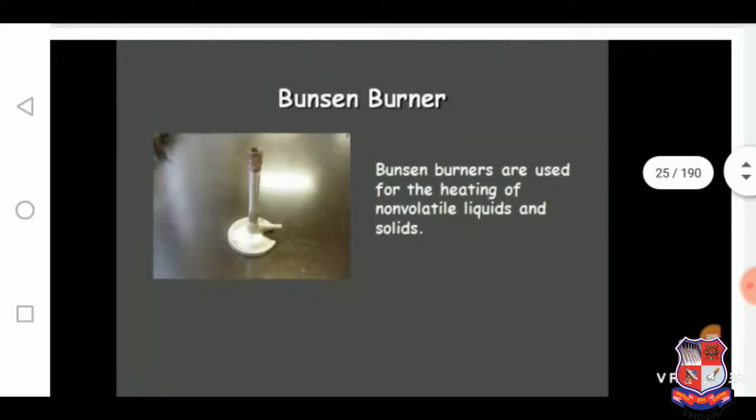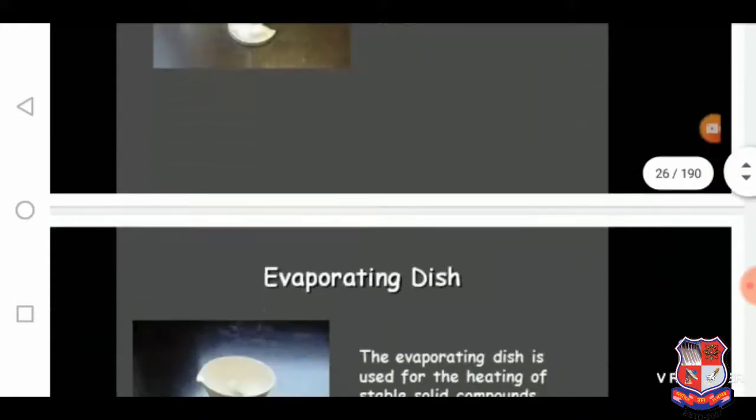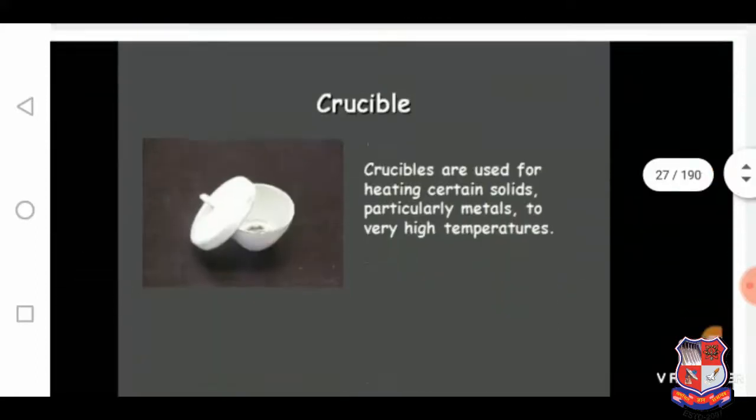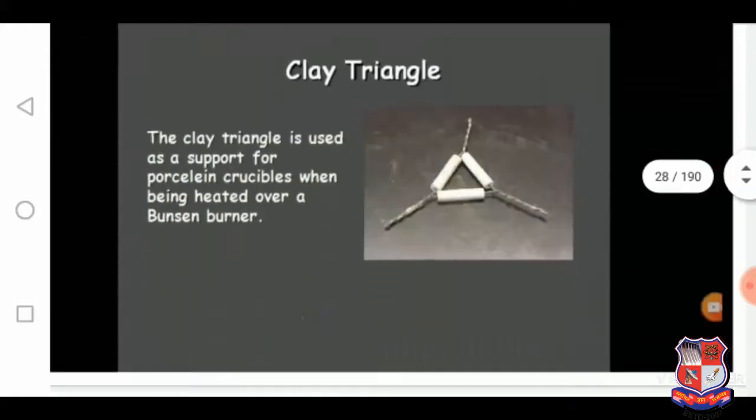Bunsen burner. Bunsen burners are used for the heating of non-volatile liquids and solids. Evaporating dish is used for heating stable solid compounds and elements. Crucibles are used for heating certain solids, particularly metals, to very high temperatures.